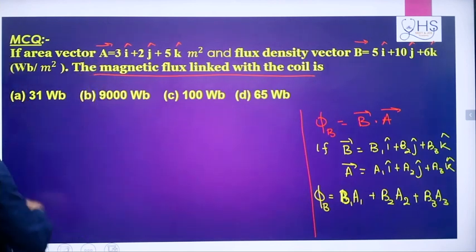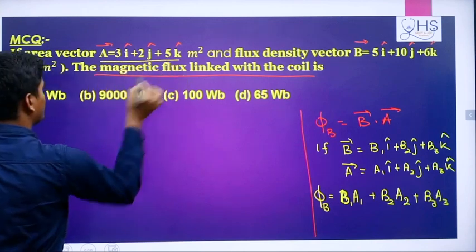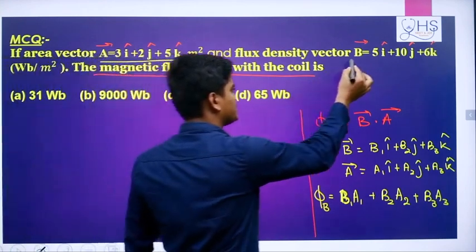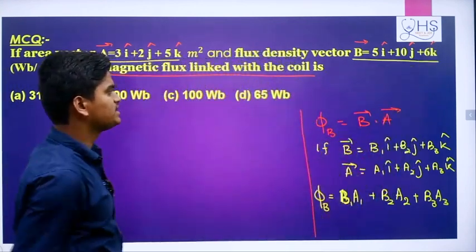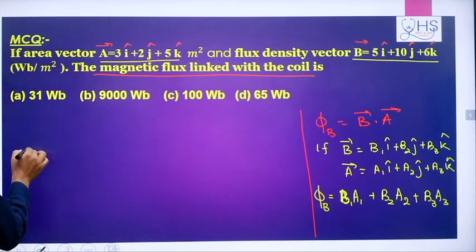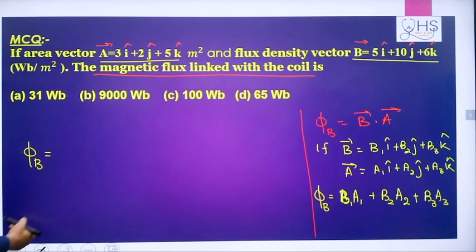Now do the same thing here. A vector is given, B vector is given, all component-wise. I just multiply and calculate the magnetic flux.